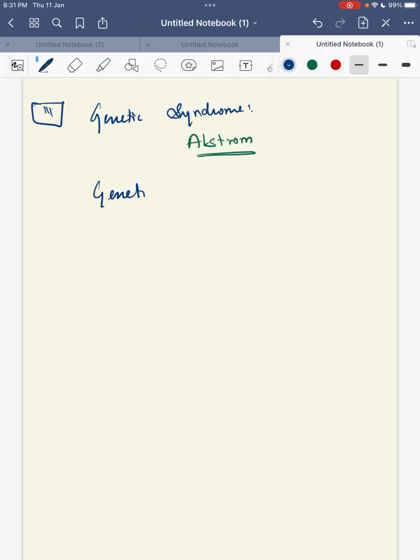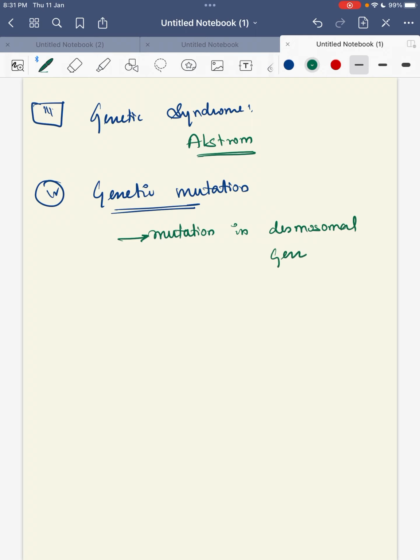Next, we have genetic mutations. Among genetic mutations, a mutation in the desmosomal gene can lead to dilated cardiomyopathy.